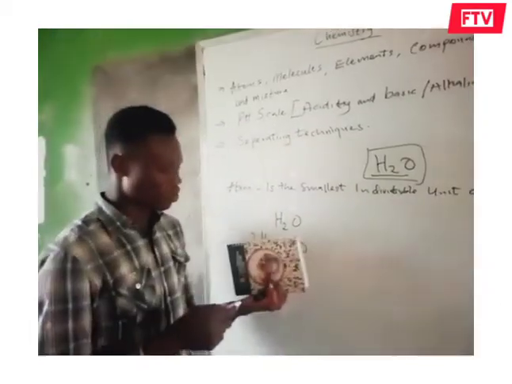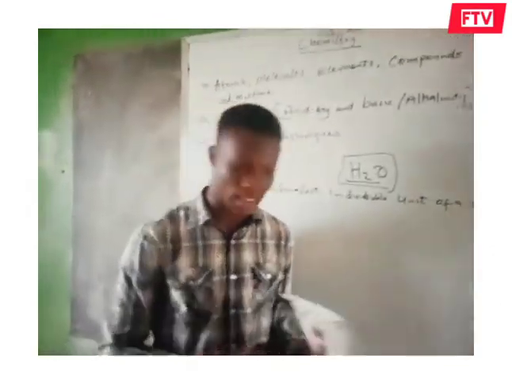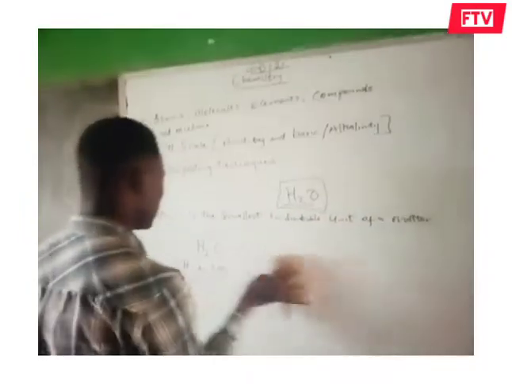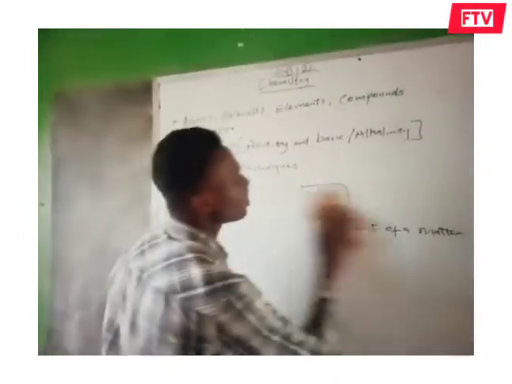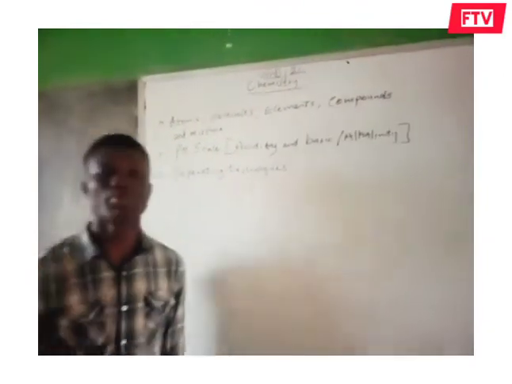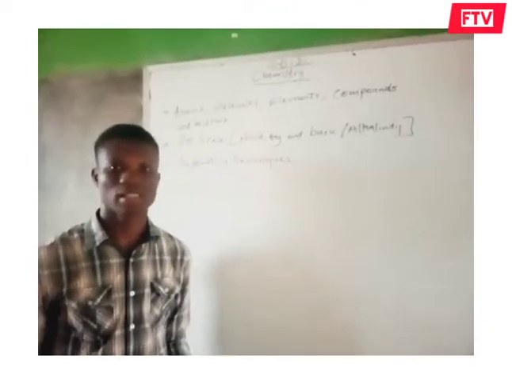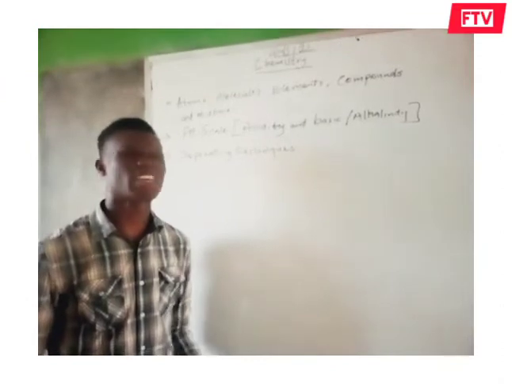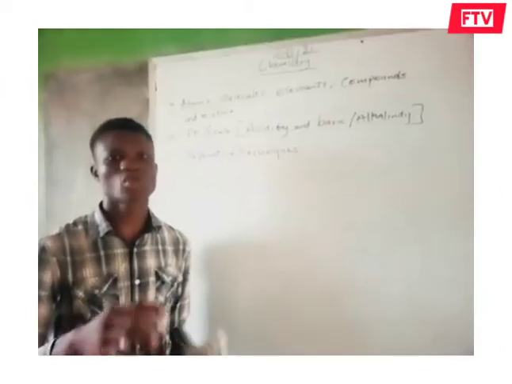Let's go to the next one. Elements. What are elements? Elements are chemical substances that cannot be broken by any chemical means. They are naturally occurring substances.